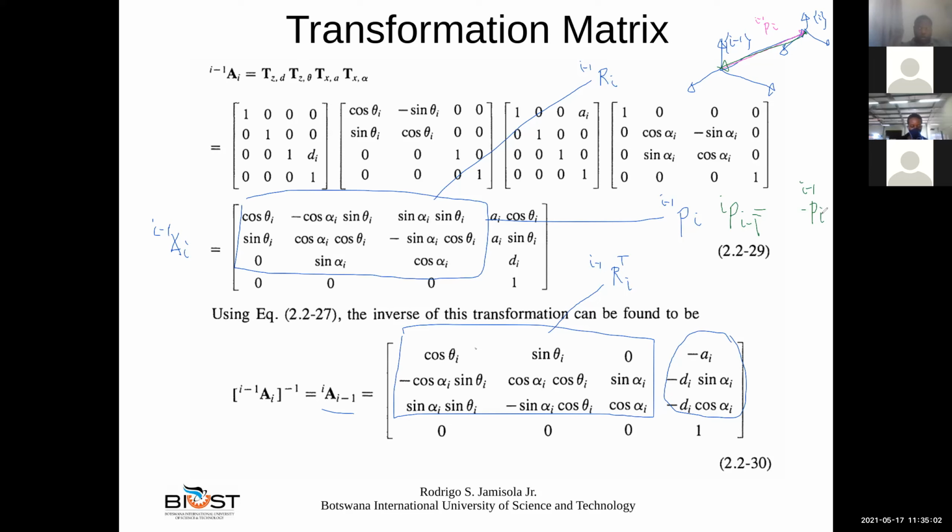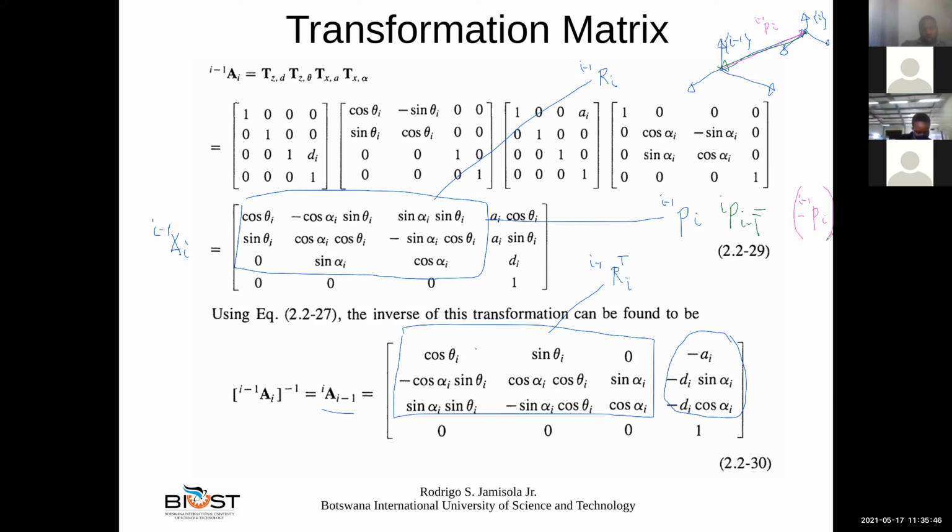Now it will be based on frame I. Wait, let me undo so that it will come out clearer. Just to be very clear, I'll make it pink because it was pink there. So I-1 p_i. Take the negative of that. That's the first step.